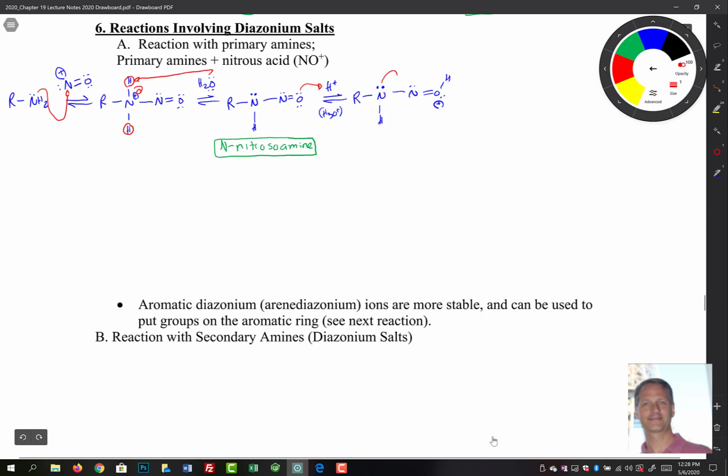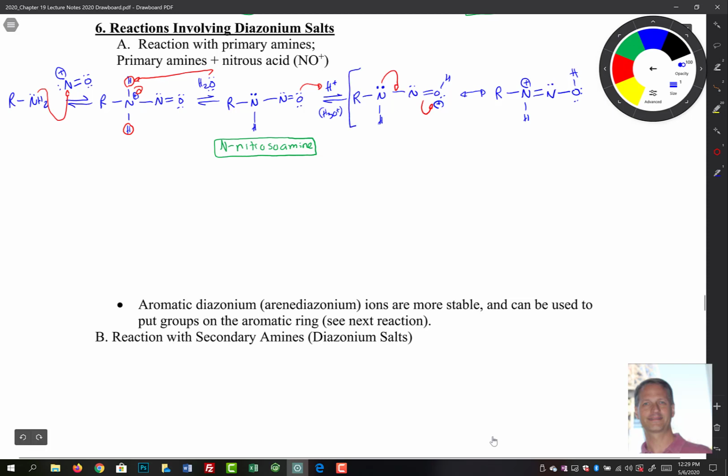That's going to make these swing over to our oxygen down here at the end. So what that's going to give us here is the following structure. So here's your R, nitrogen H, double bond, that'll put a plus charge there now. And then you're going to have a nitrogen right here with a set of lone pairs on it, a single bond down here to oxygen, and an H here, with two lone pairs down here at the end.